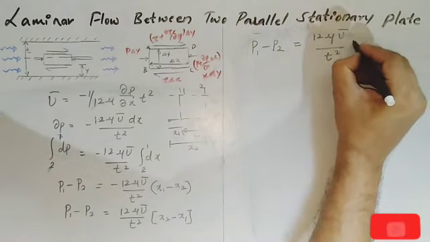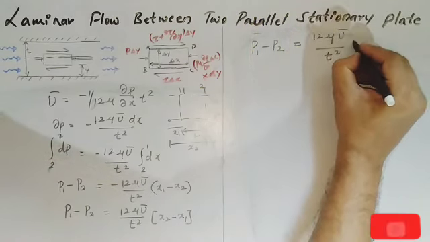So we have calculated the pressure distribution and velocity distribution, but one thing is left, that is the shear stress distribution. Now this shear stress distribution is obtained by using tau equals mu dou u by dou y. So let us substitute the velocity value which we have already calculated in this equation.